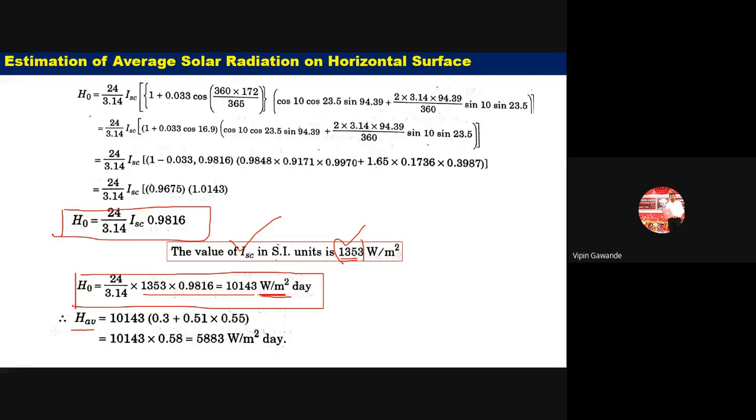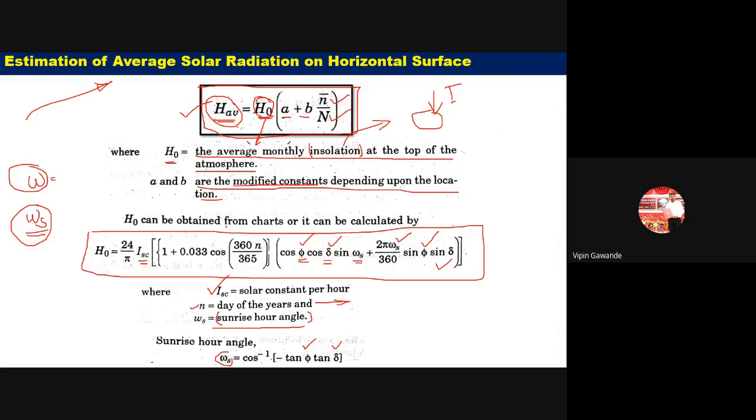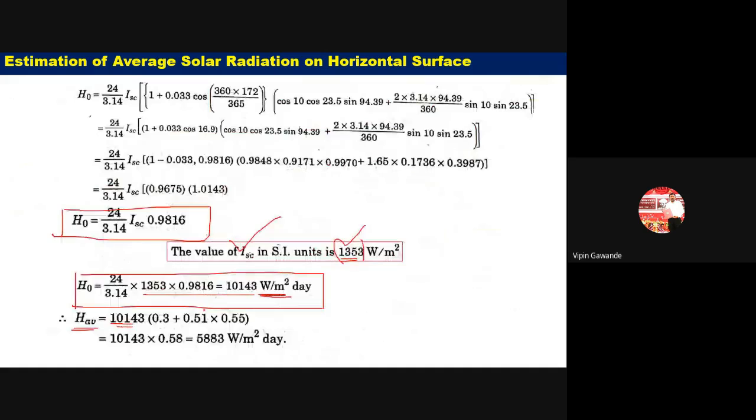Now the final is what? H average. You multiply H0 by a plus b, n bar divided by n. The values of a and b are given, and n bar divided by n is equal to 0.55.